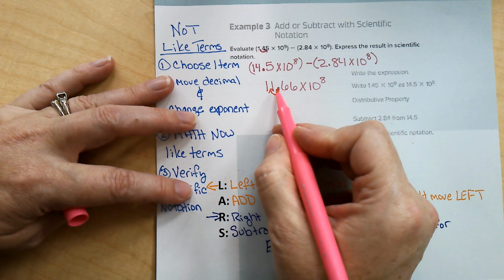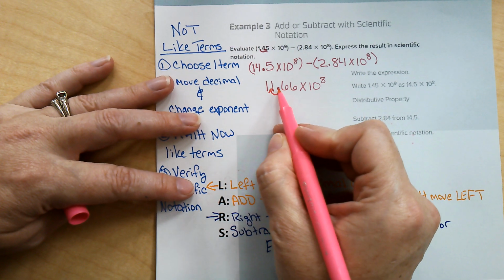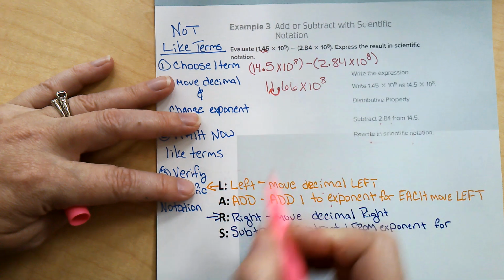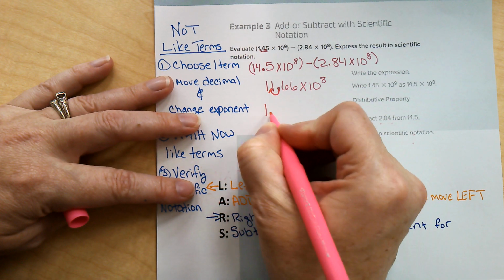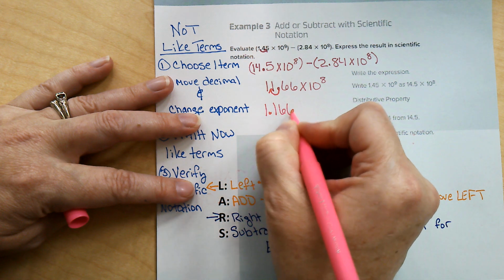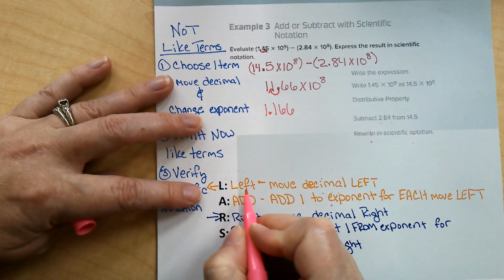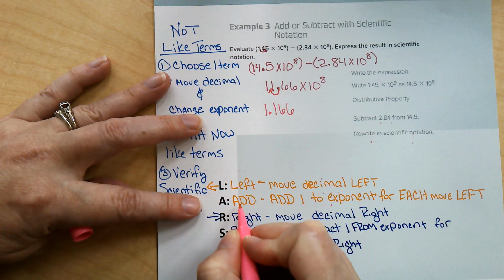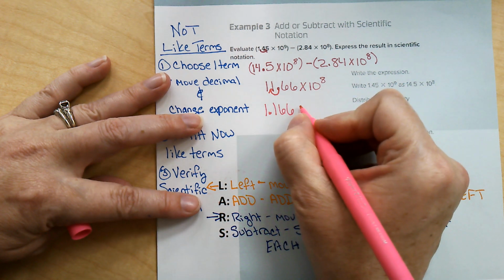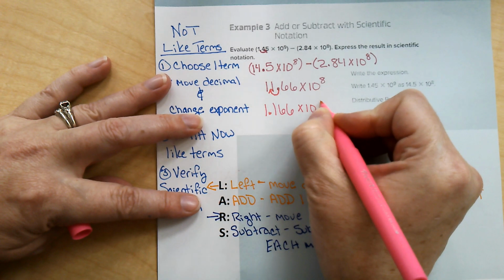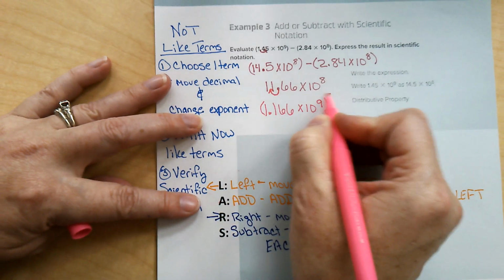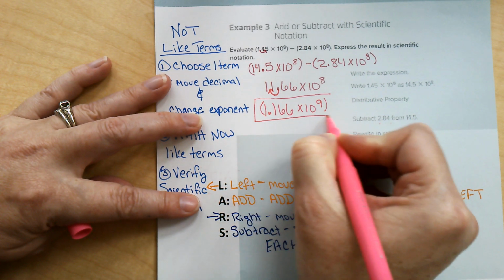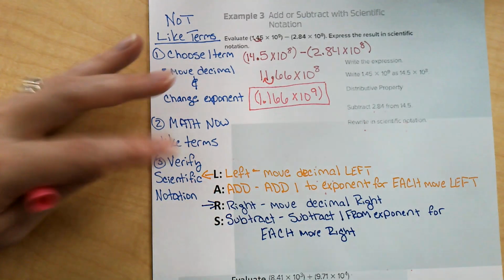I had to move my decimal 1 place to the left, so 1.166. When I move it to the left, I must add the 1 move to my exponent, times 10 to the 9th power. Now I am in scientific notation. All right.